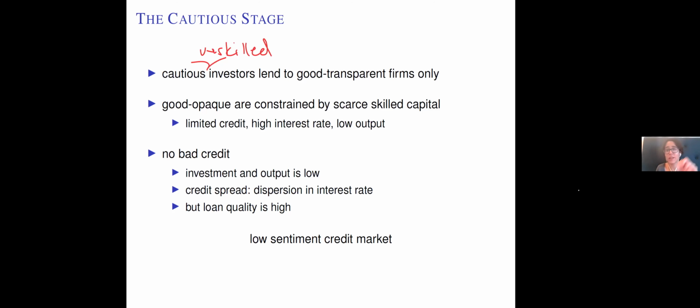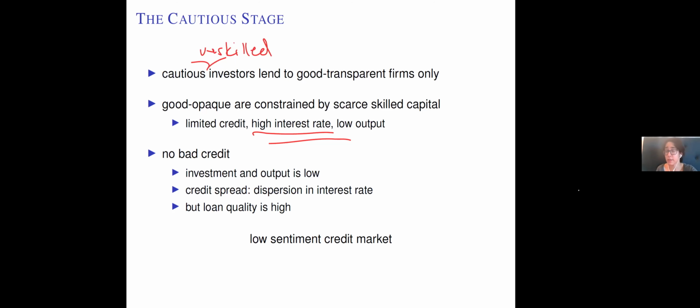This already tells you why I made these assumptions. I want the capital of skilled investors to be in short supply, because that leads to a high interest rate, and that also leads to low output. Furthermore, there is no bad credit because the cautious test rules out all the bad projects. Skilled people know all the bad projects. That means investment and output are low.